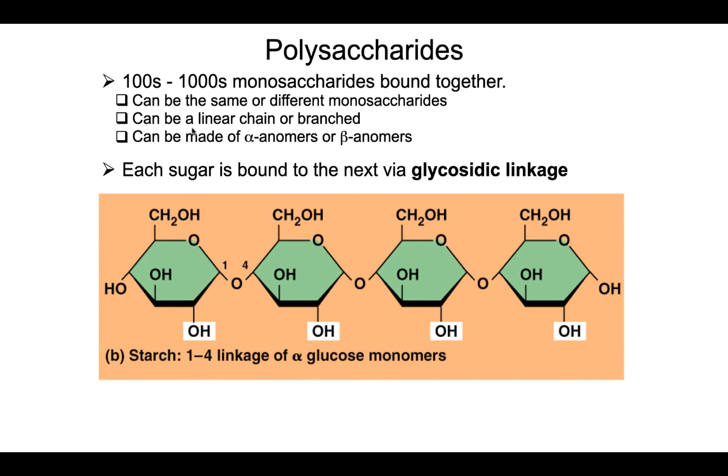They can be linear or they can be branched. Now, we don't have it on this image here, but this is a linear chain. What might happen is that we might get another chain going off one of the hydroxyl groups in another direction. We'll see an example of that in a moment.